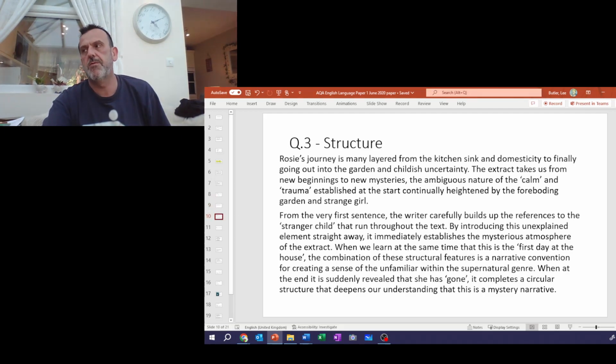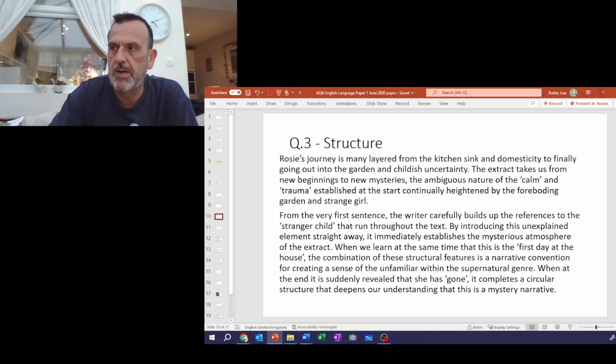So question 3, again, second paragraph is from the exam board's exemplar top line answer. From the very first sentence, the writer carefully builds up the references to the strange child that run throughout the text. By introducing this unexplained element straight away, it immediately establishes a mysterious atmosphere of the extract. That's a good way of explaining why it's at the start.